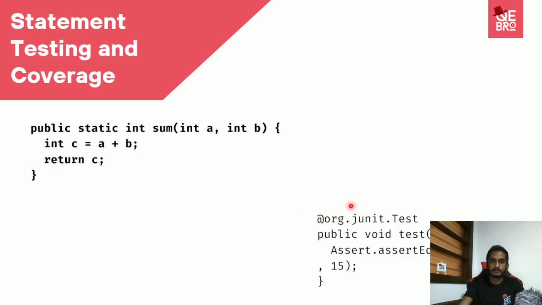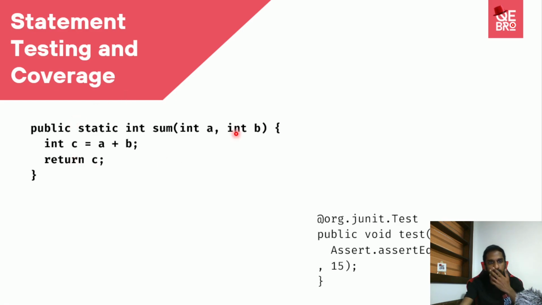So in this simple scenario, using our test case, we were able to exercise all 4 lines of our code, all 4 statements of our code. So that is statement testing and the coverage. I will explain more about the coverage later, but this is how statement testing is done.